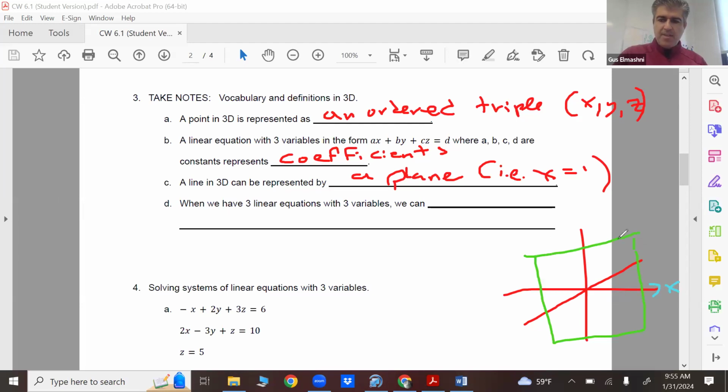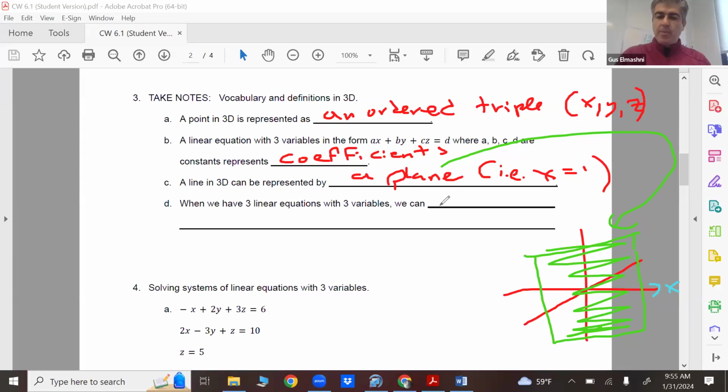It's kind of hard to draw, but it would just be a plane touching the x-axis at 1. And basically, every x coordinate will be 1 on that plane. So that's what's happening there.